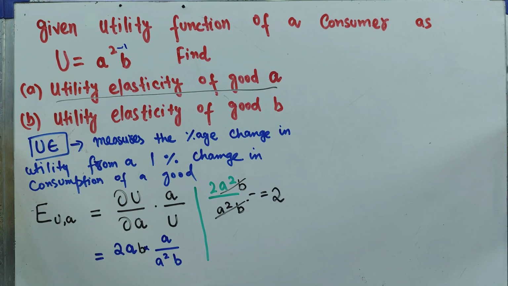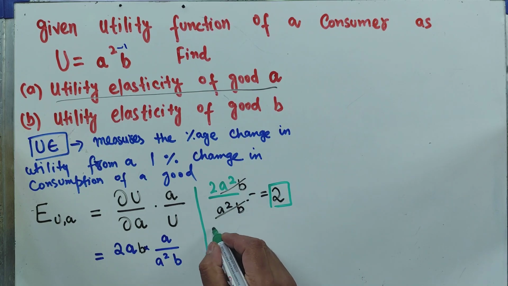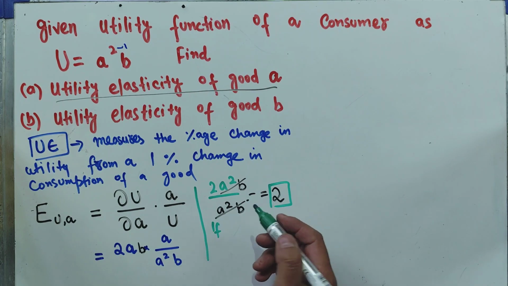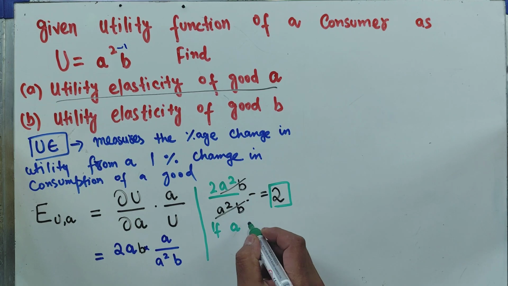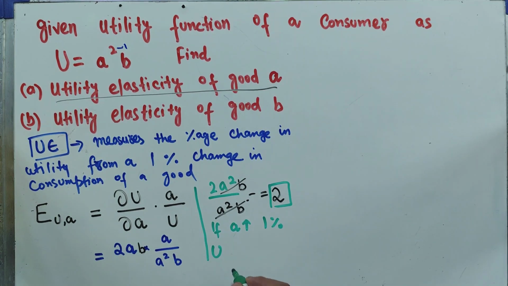So the utility elasticity of good A comes out to be 2. It simply tells us that if consumption of good A increases by 1%, the utility of the consumer will increase by 2%.